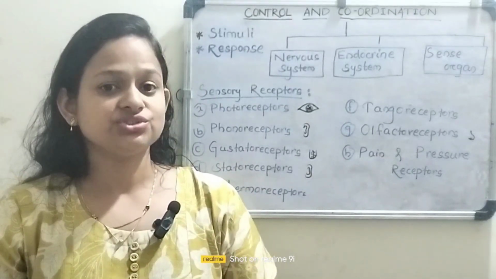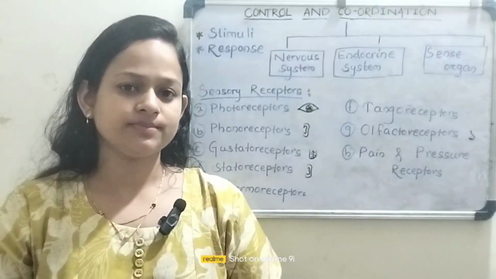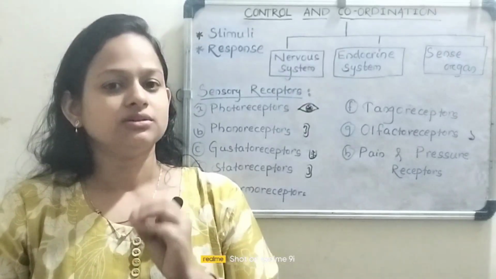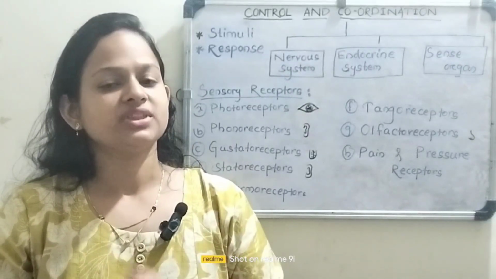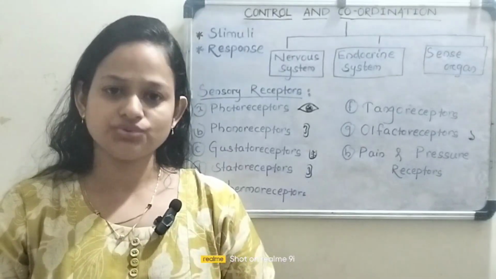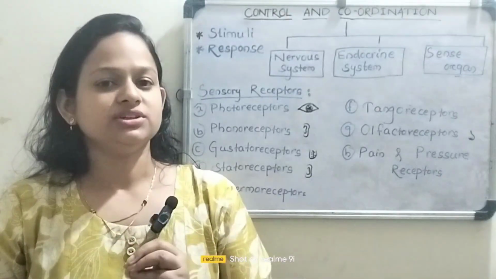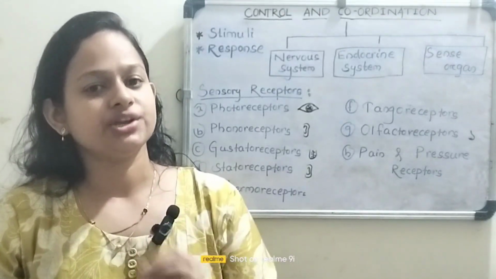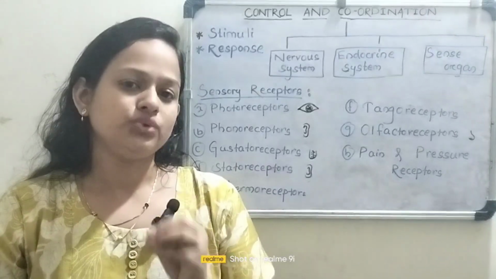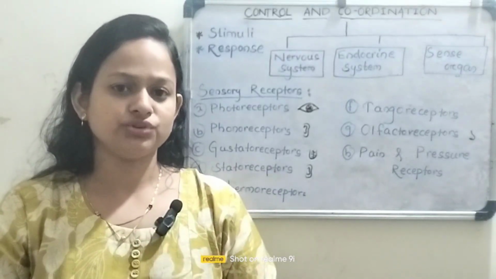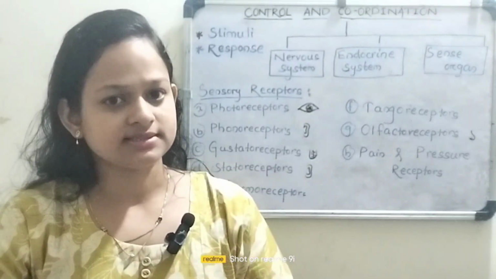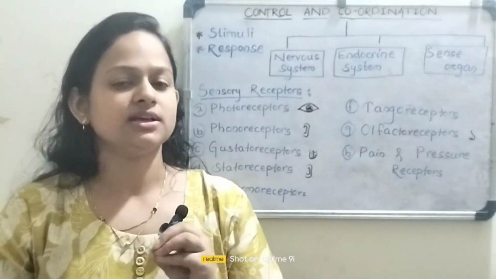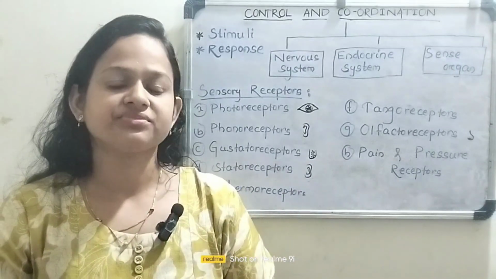So here come the two terms, that is the receptor and the impulse. The receptors are specialized cells which receive the stimuli, and these receptor cells are nerve cells.